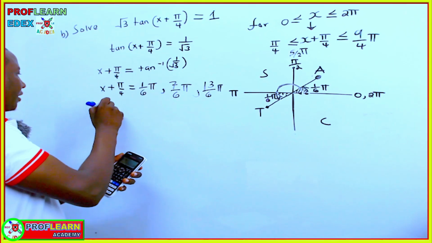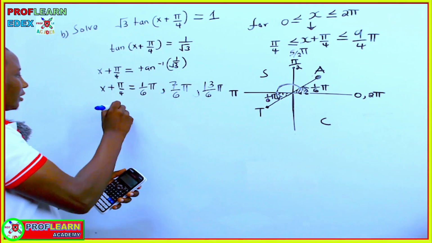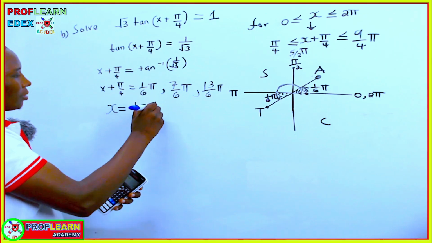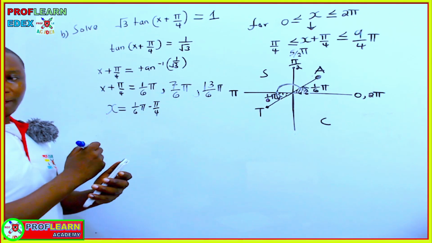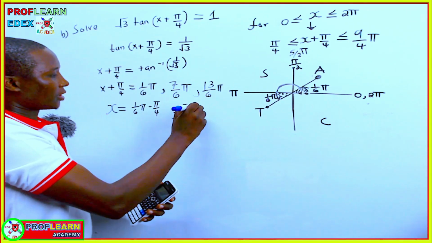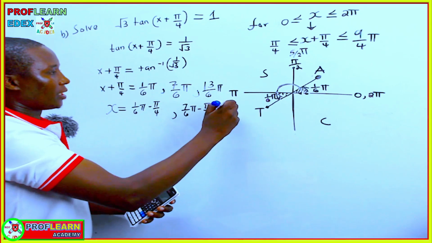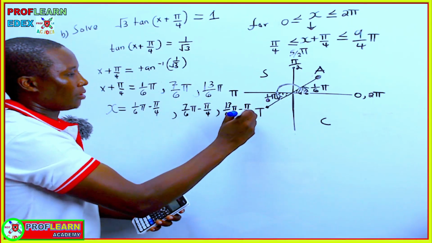So the value of x can be obtained as follows. The first value of x we shall have is 1 over 6 pi minus pi over 4. The second one is 7 over 6 pi minus pi over 4. And the next one is 13 over 6 pi minus pi over 4.